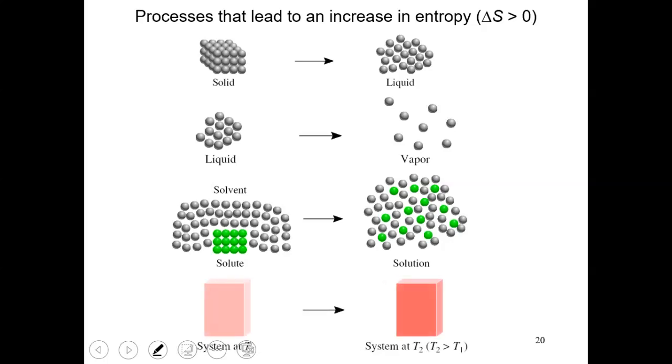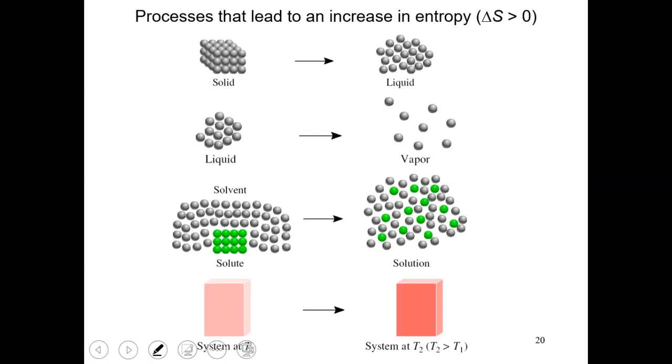Another one is a change in temperature. For a system at a lower temperature, if the temperature is increased, we know because of the kinetic molecular theory that the particles will have absorbed more kinetic energy. They're moving about more, and therefore at any given point in time, they're distributed in more random ways than what they were at the lower temperature. So many different processes respond to this kind of thing.